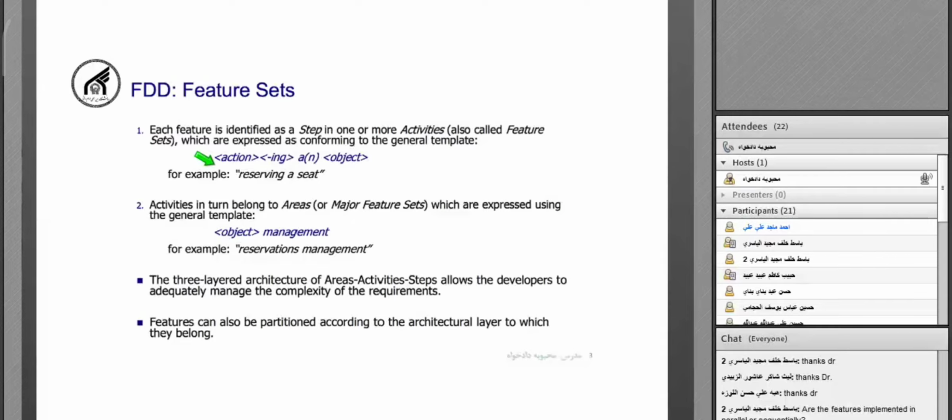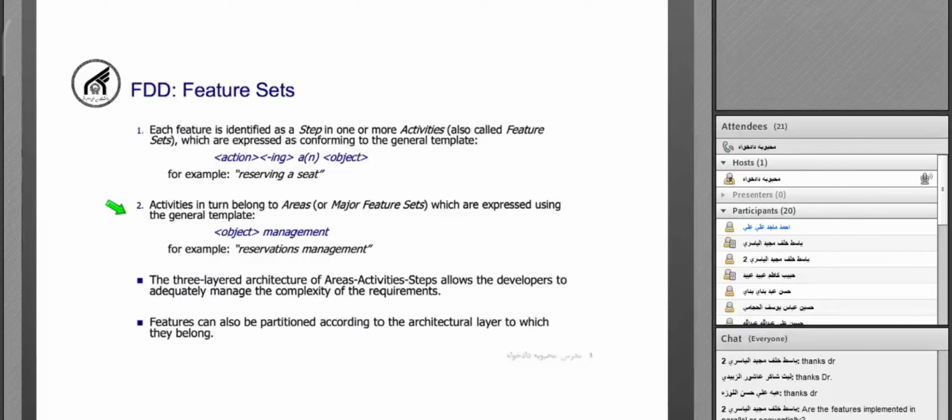This feature and some other features, when we look at them, all of them belong to an activity that is called reserving a seat. Reserve, the action, plus ing plus the object. Reserving a seat.